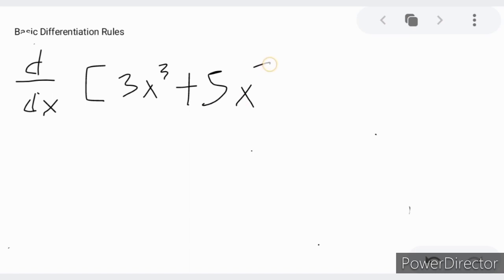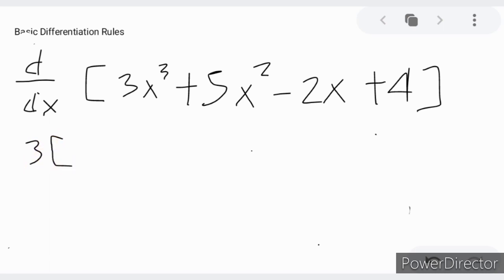The next thing that we are going to tackle is the derivative of a polynomial. So we are taking the derivative of the polynomial 3x cubed plus 5x squared minus 2x plus 4. All we need to do here is to get the derivative step by step. 3, the derivative of x cubed is 3x squared.